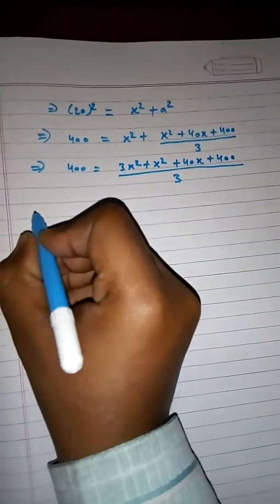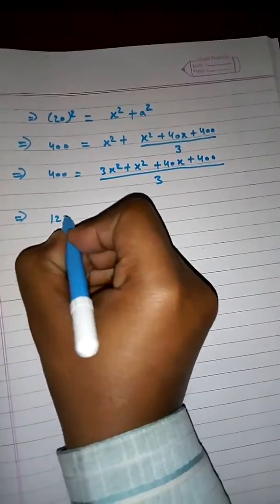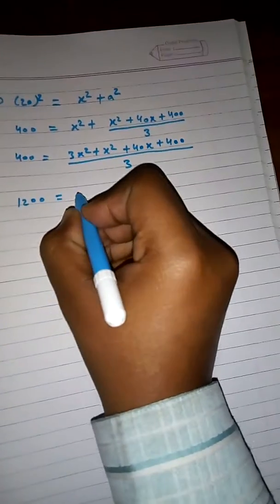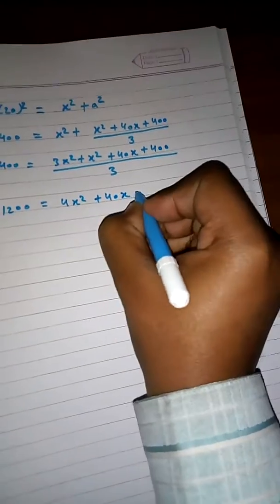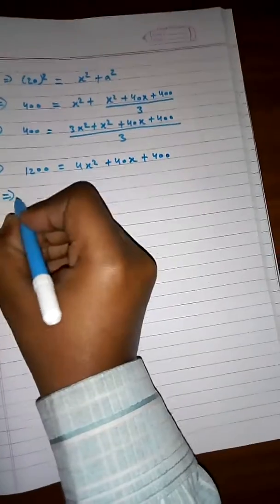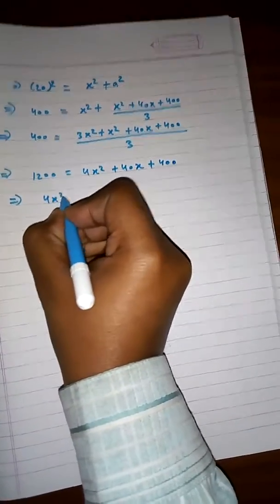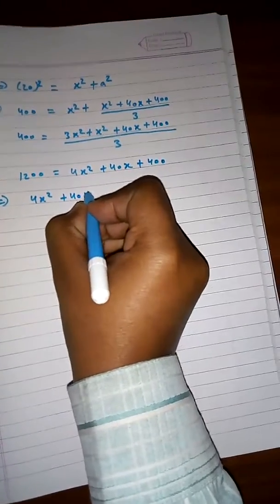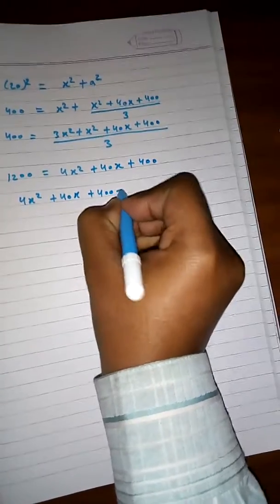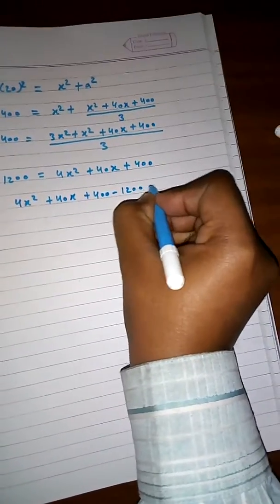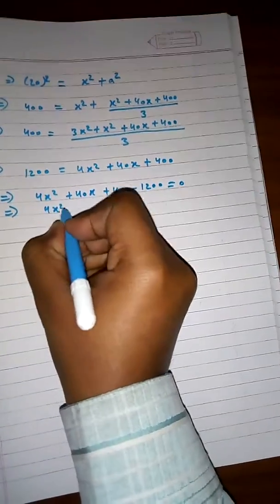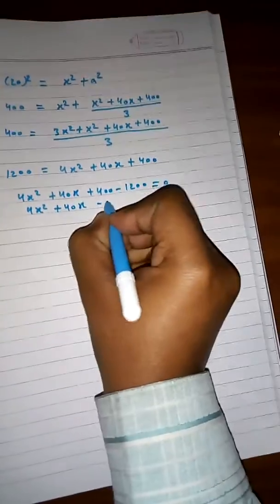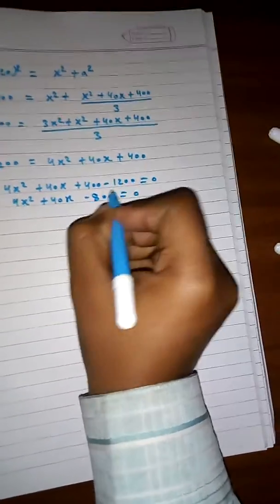Now multiplying 3 to this side, it becomes 1200. 3x square plus x square becomes 4x square plus 40x plus 400. Now further solving, we get 4x square plus 40x plus 400 minus 1200 equals 0. So it gives us 4x square plus 40x minus 800 is equal to 0.